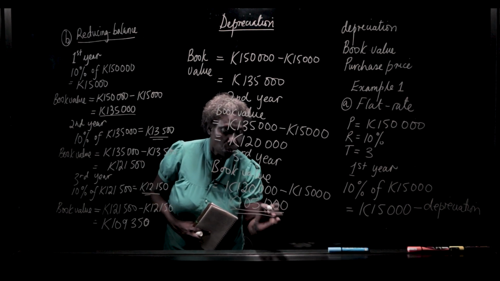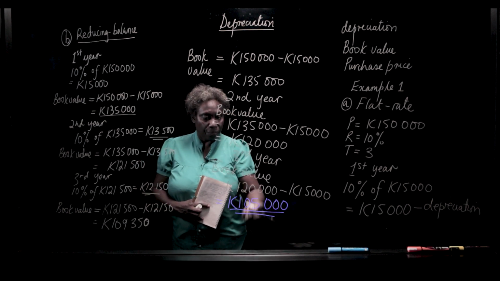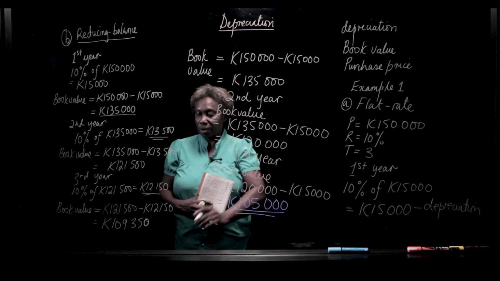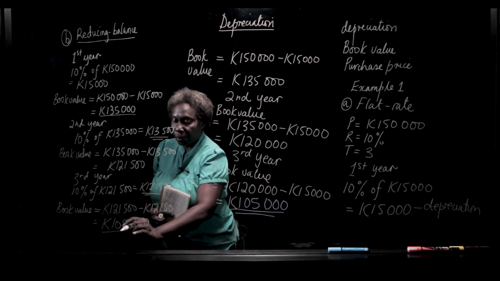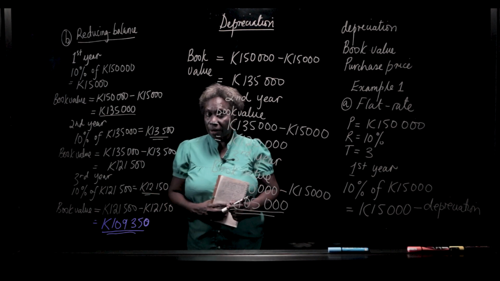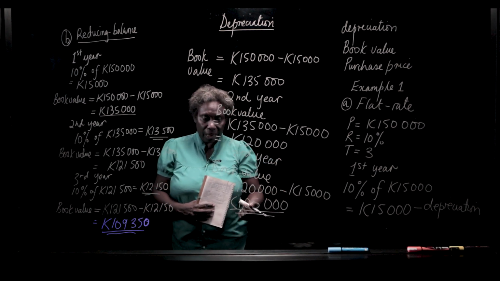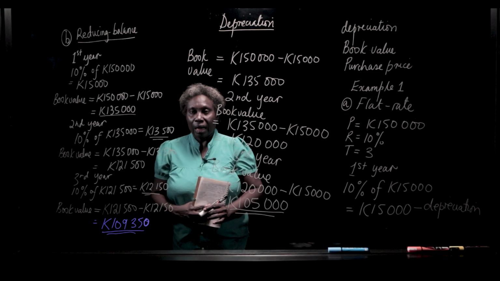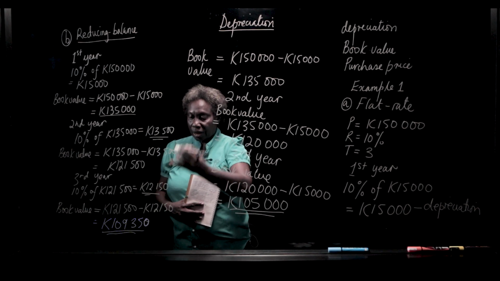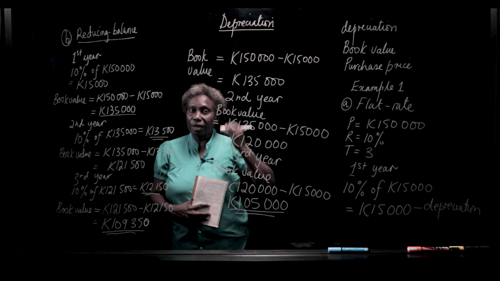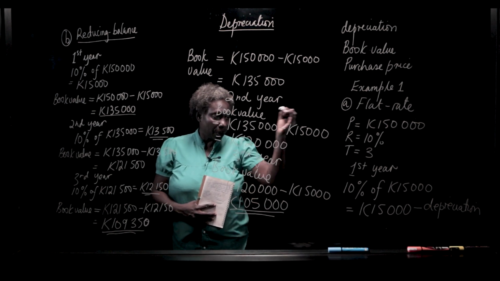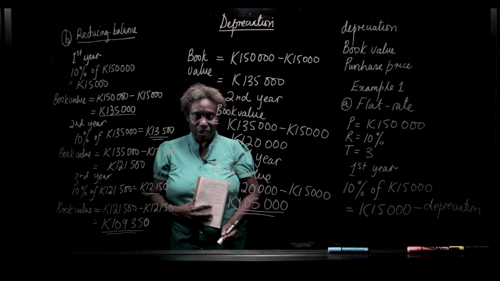From this we can see that using flat rate depreciation, the book value is 105,000 kina. Using reducing balance depreciation, the book value is 109,350 kina. You will have a little bit less reduction using reducing balance than using flat rate depreciation.